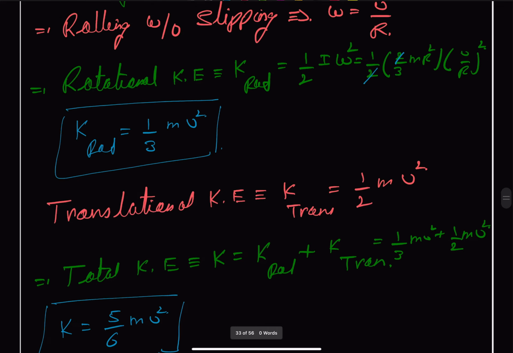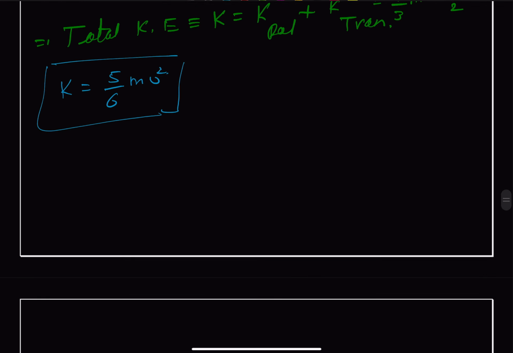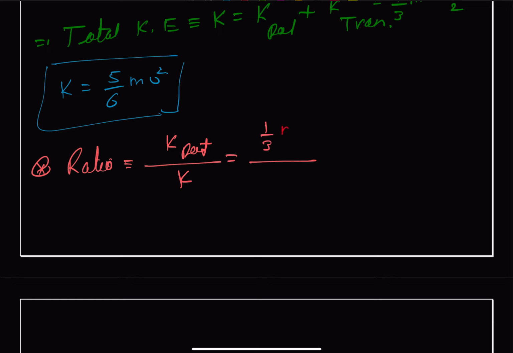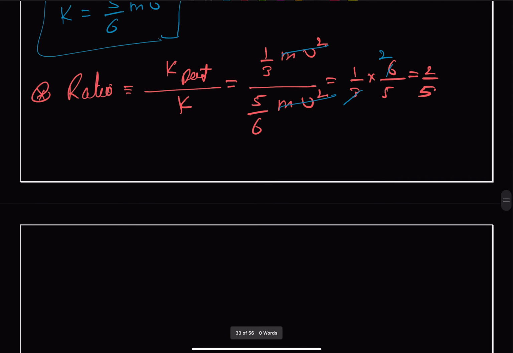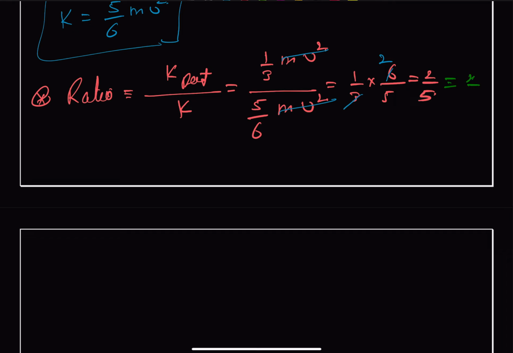And we have to find out the ratio of rotational to total. Therefore the ratio will be equal to K rotational over K total, and rotational is 1 by 3 mv square, and total is 5 by 6 mv square. mv square cancels out, so this comes as 1 by 3 times 6, and 6 goes by 2, so this is equal to 2 by 5, and it is given as x upon 5.